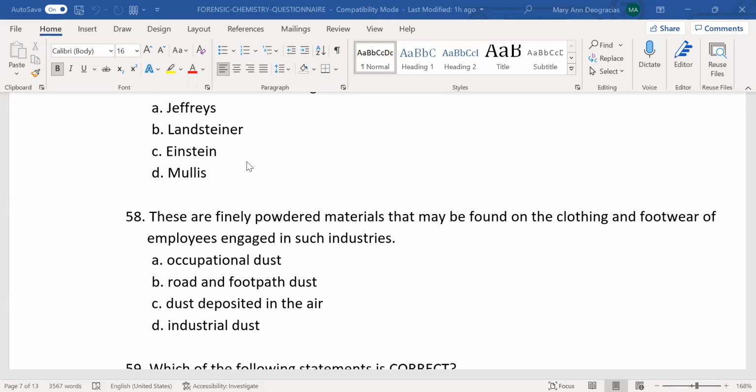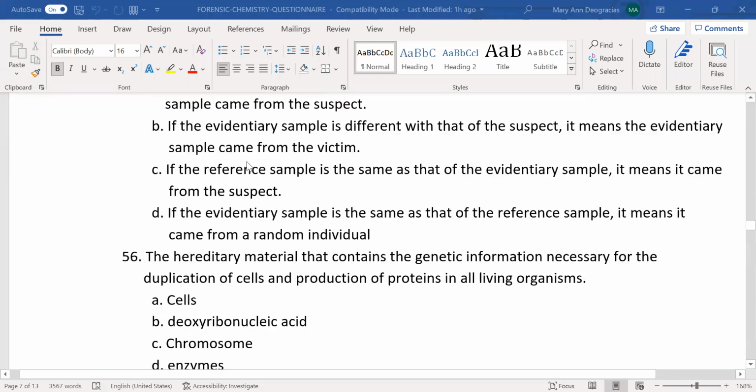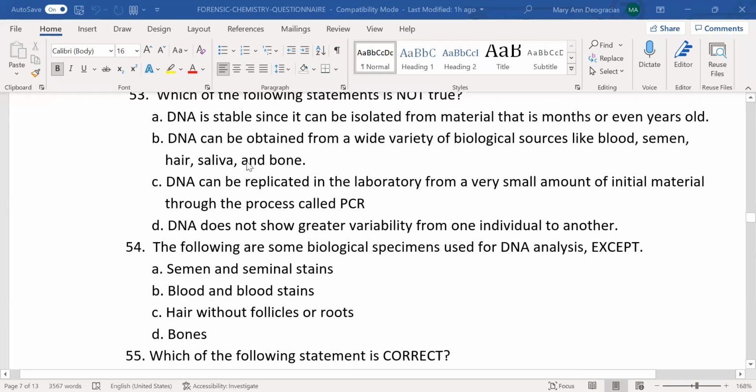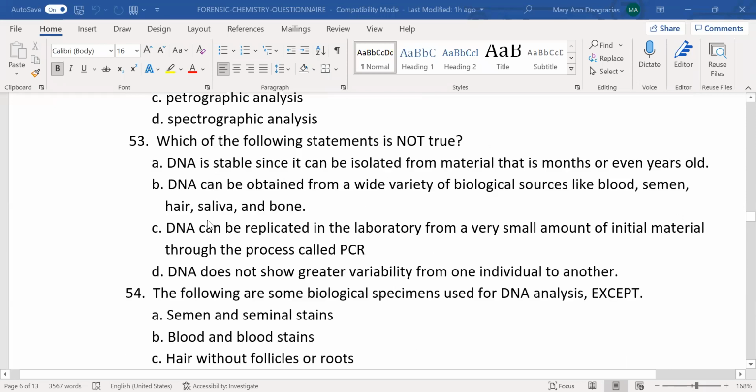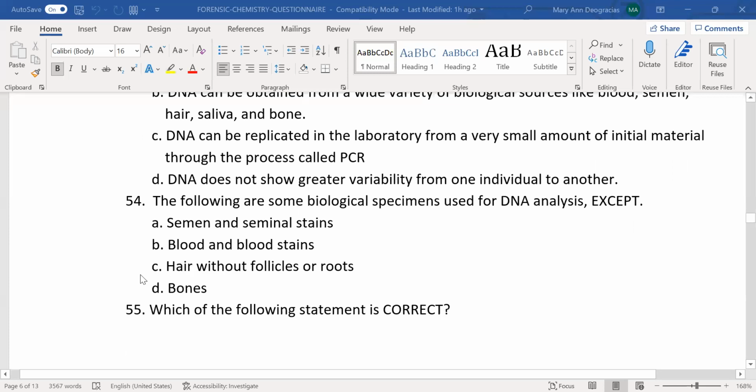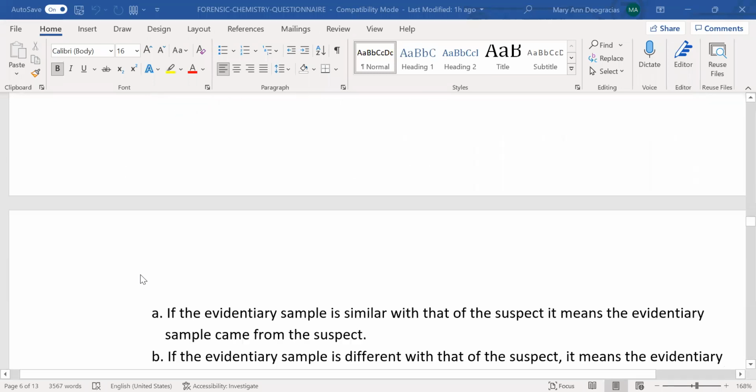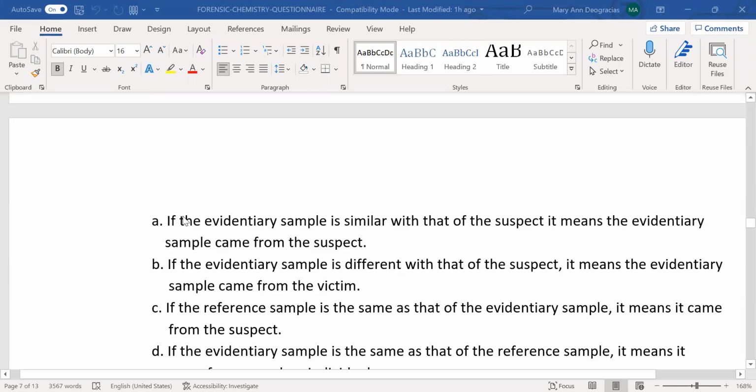54 and 55. 54, 55. 54 is letter D, delta. 53 to. Then 54 is C. 55. Ay, ano na yan? Na-repeat lang to.